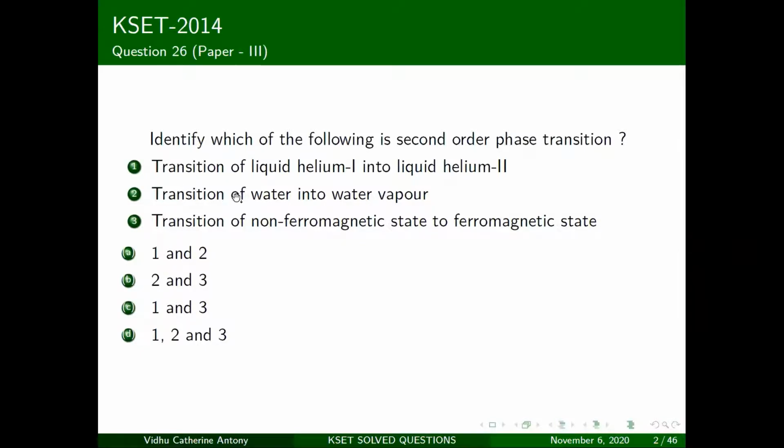You know that this one is a first order phase transition, so any option with 2 should be neglected. I will show you a couple of second order phase transitions here. You'll realize it's the transition of liquid helium-1 into liquid helium-2 and the transition of non-ferromagnetic state to a ferromagnetic state. So it's option C, that's the answer.